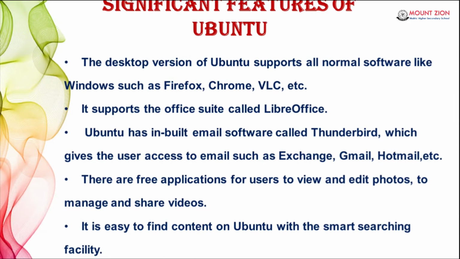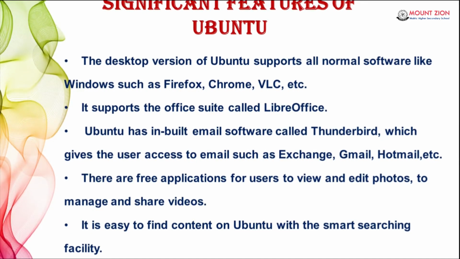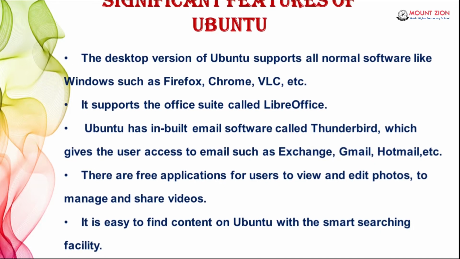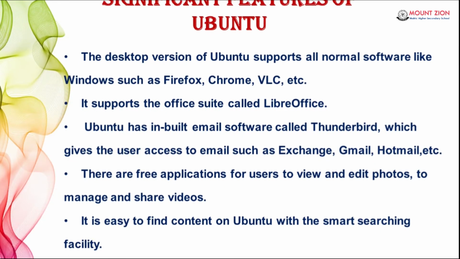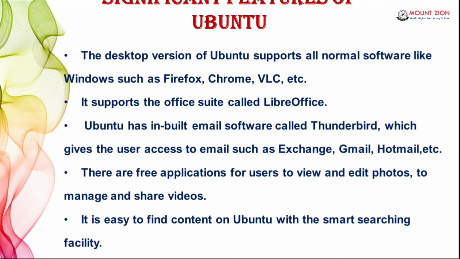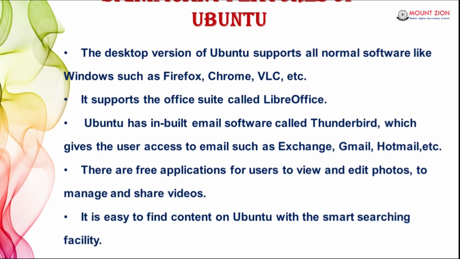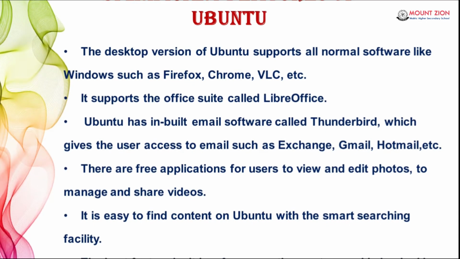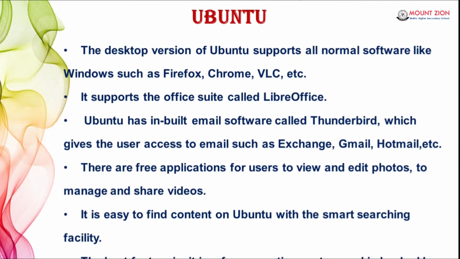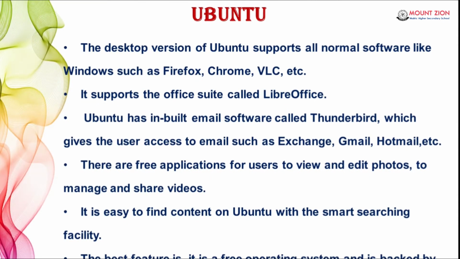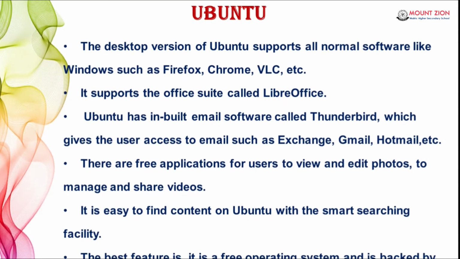It supports the office suite called LibreOffice, which is similar to MS Office in the Windows operating system. And it has inbuilt email software called Thunderbird, which gives the user access to email such as Exchange, Gmail, Hotmail.